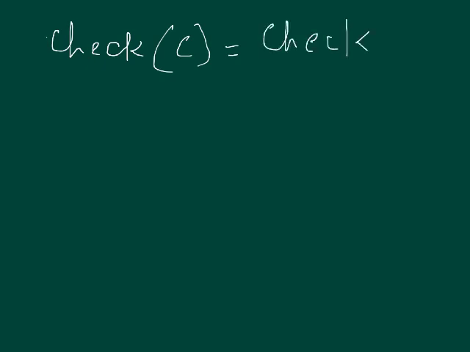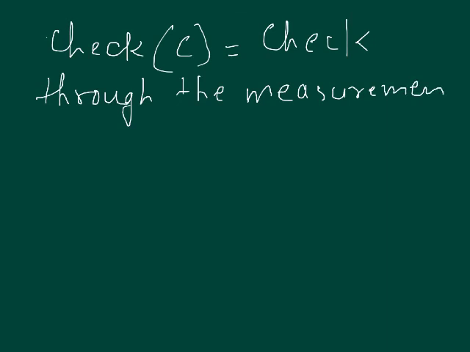The check, which is the C, is basically you're trying to put a measurement system in place so that you can check through the measurement system you have in place how you are performing.